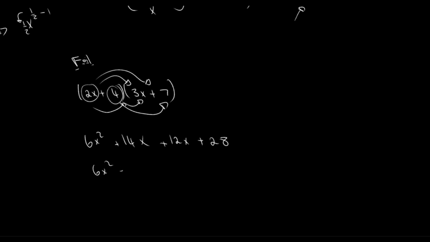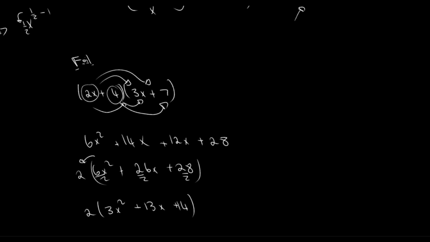We have 6x squared plus 26x plus 28. Now we can obviously simplify this one with a 2. So let's take out a 2 out of the entire equation. So if I divide this by 2, divide this by 2, divide this by 2, I get 3x squared plus 13x plus 14. So this would be my final answer.